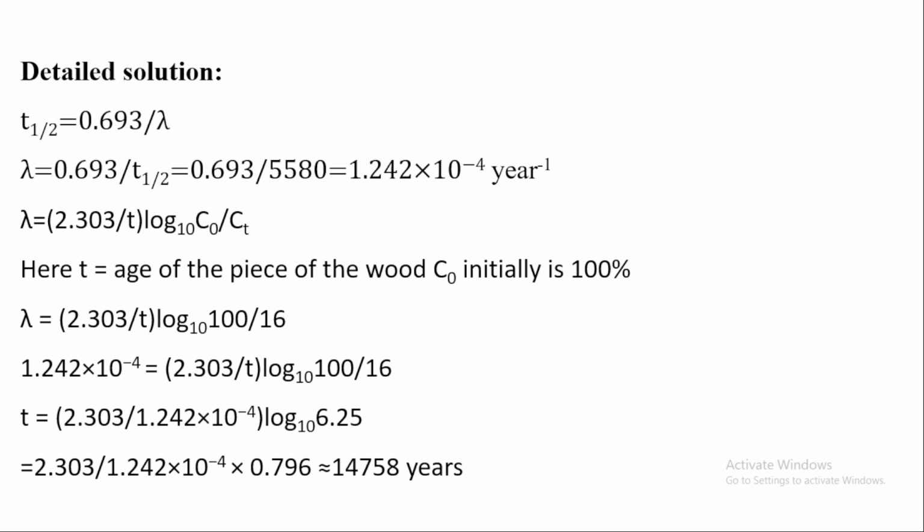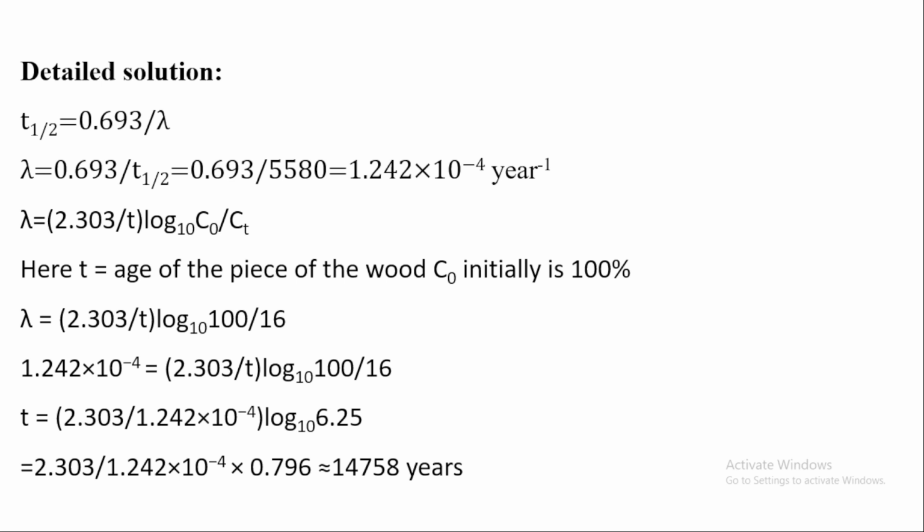100 upon 16 is 6.25. So t will be equal to 2.303 divided by lambda, that is 1.242 into 10 raised to the power of minus 4, multiplied by log base 10 of 6.25.